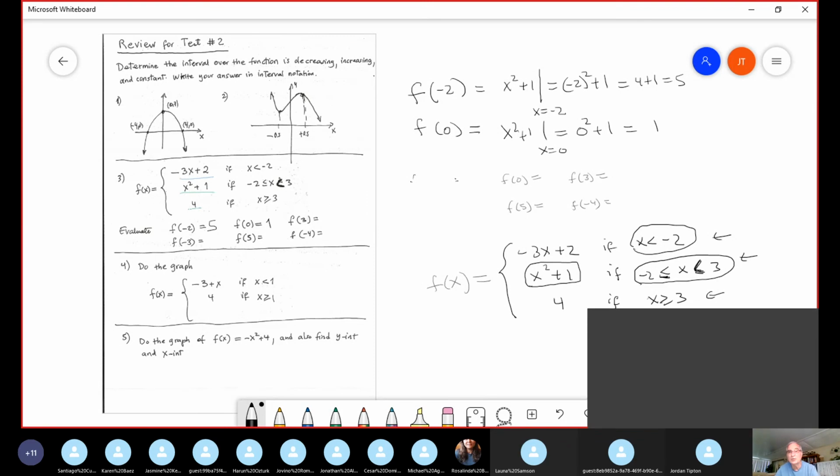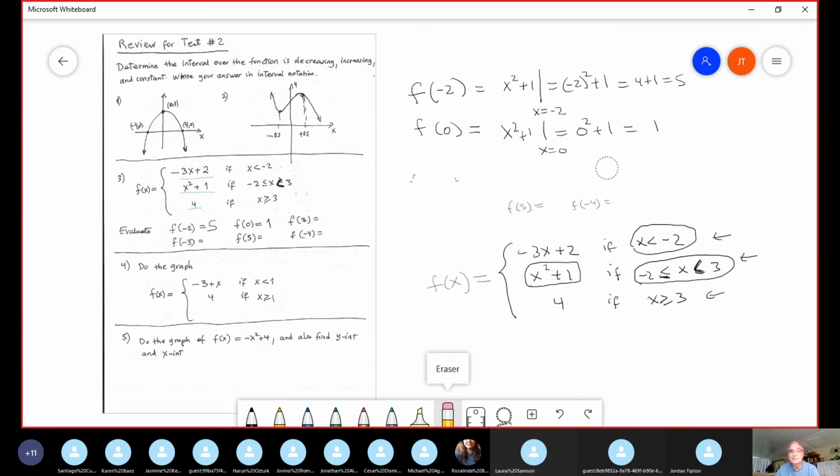Okay, now evaluate at 3. Does 3 belong to this interval, this interval, or this interval?